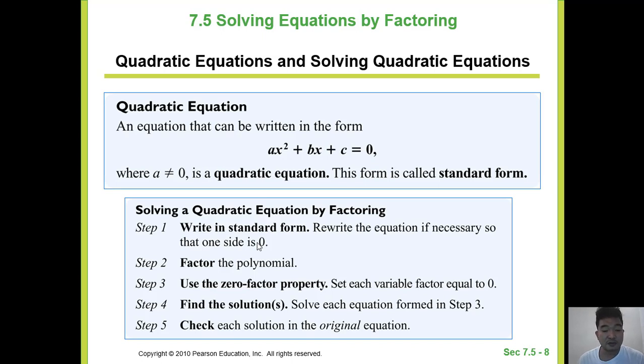Then afterwards, you have to find the solutions. It will depend on the type of quadratic equation how many solutions or roots we can have, and we'll be dealing with those different types of quadratic equations later. Then solve each equation formed in step 3. And then the last step is to check each solution in the original equation.